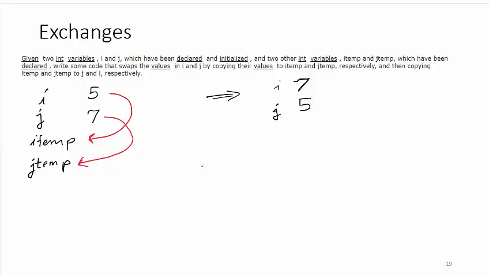And then your next line of code would be to say, okay, well now, because I'm going to swap, i is going to get what's in jTemp and j is going to get what's in iTemp. So iTemp, remember, had a 5 in it, and jTemp had the 7 in it, and so the net result is i does in the end get the value that j previously had.